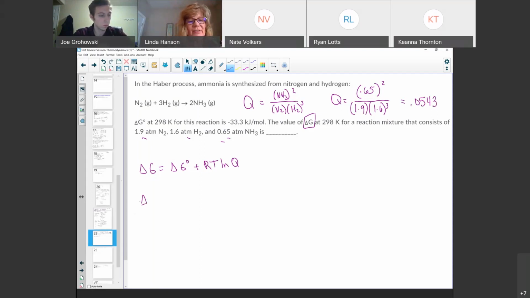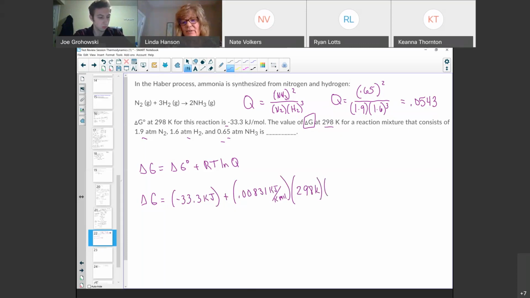Looking for this non-standard condition, delta G was given to me in standard conditions as negative 33.3. That's the R. The T is 298 Kelvin.